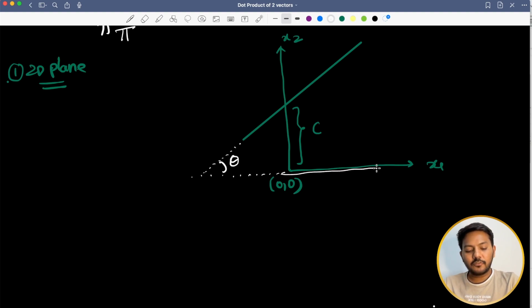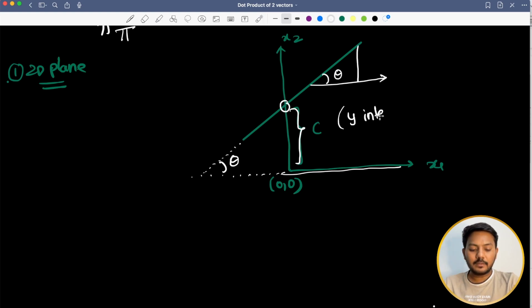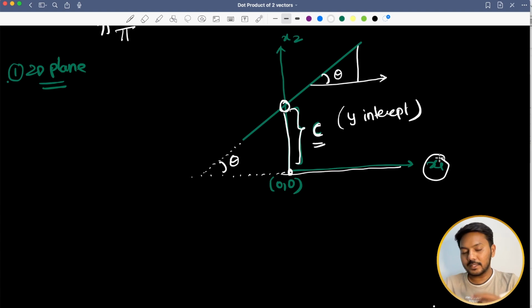And because this is a fixed line, even if I draw a line parallel to this at this point, this angle is also called theta. Hopefully that is clear. So this distance, the y-intercept of a line from the origin, is called C, and the angle at which it meets the x-axis or x1 axis is called theta.